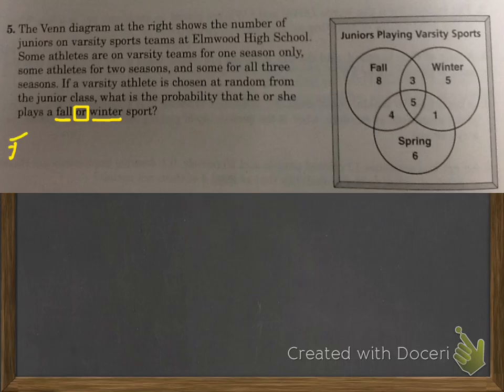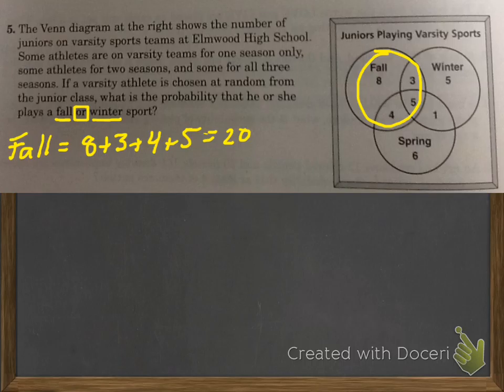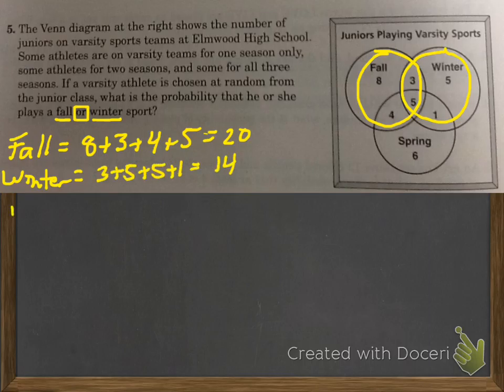So we're going to take the probability of fall, which is 20. The probability of winter, which is 14. Both, which is 8. That's what's going to be on top when we add and then subtract.